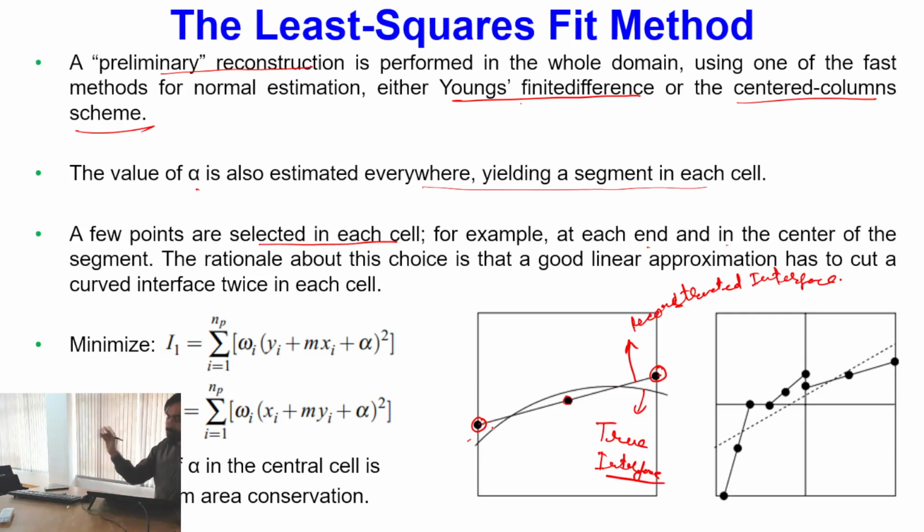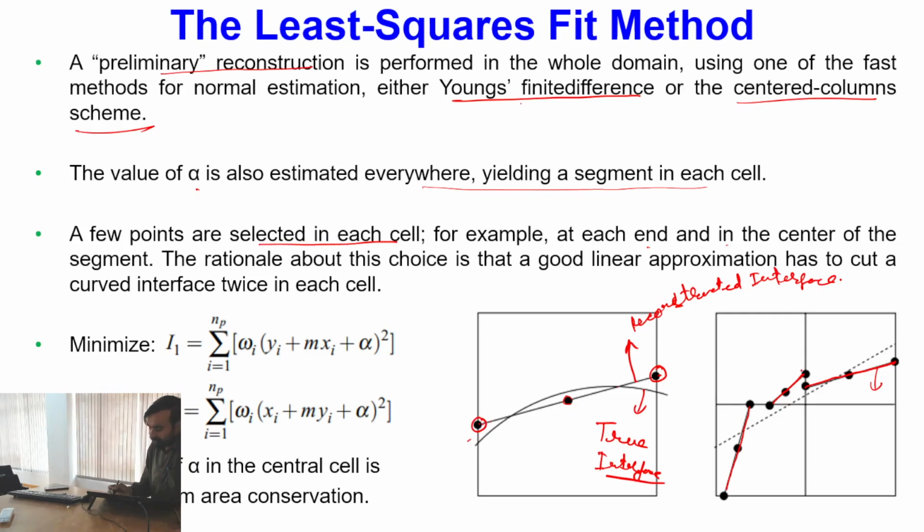A simple understanding you can see from here. Say in each cell, these lines represent the 3 different preliminary reconstructed line interfaces. Is this one clear?